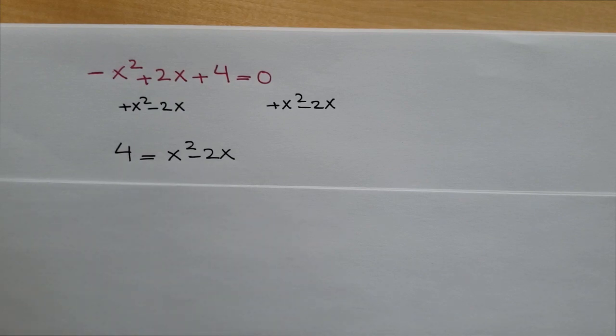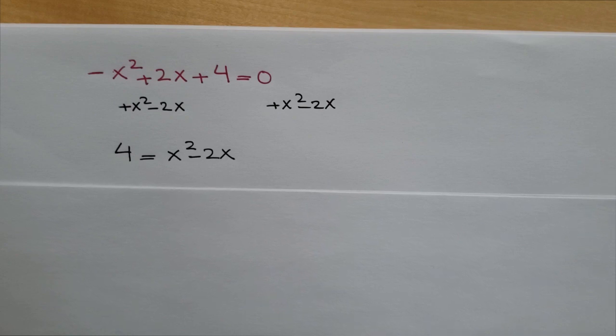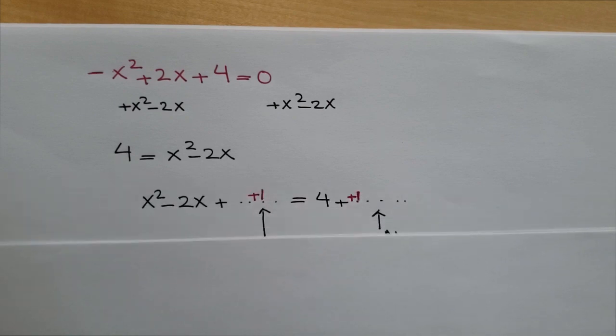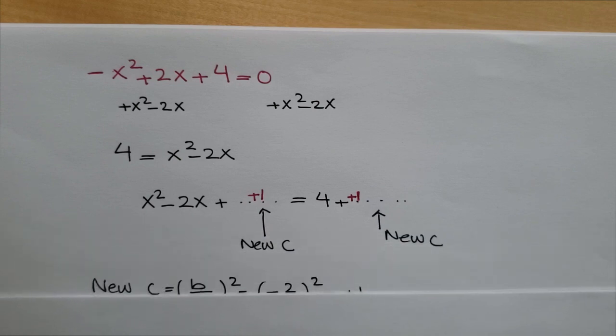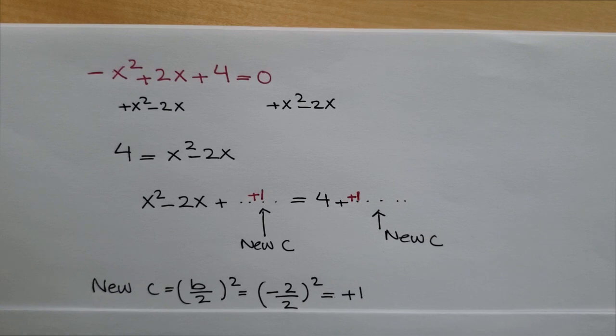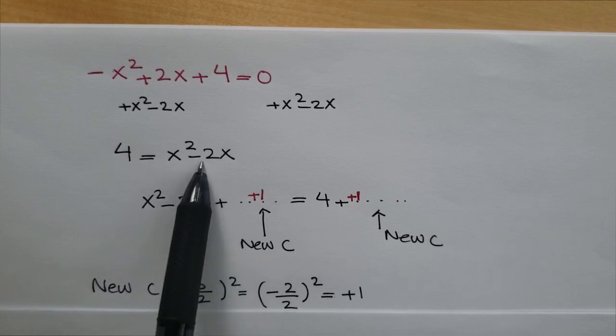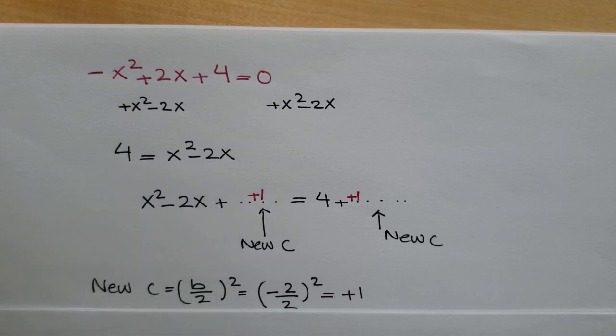From here, I would have to make some room for the new c value. So the new c value would be b over 2 to the power 2. And here your b value is negative 2, and I want you to remind yourself which complete square you have to use, because there were two formulas.